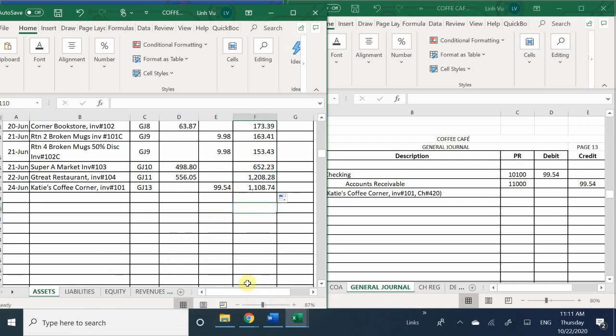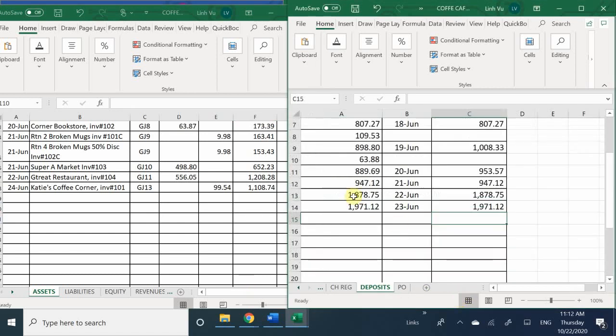Now what? Deposit. What do you want to do with the deposits? And the second amount is 99.54.